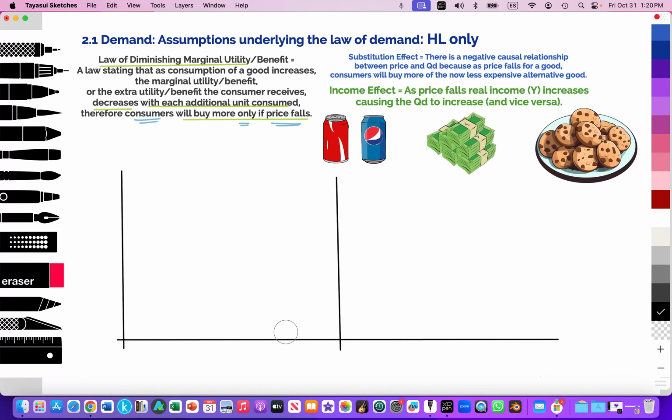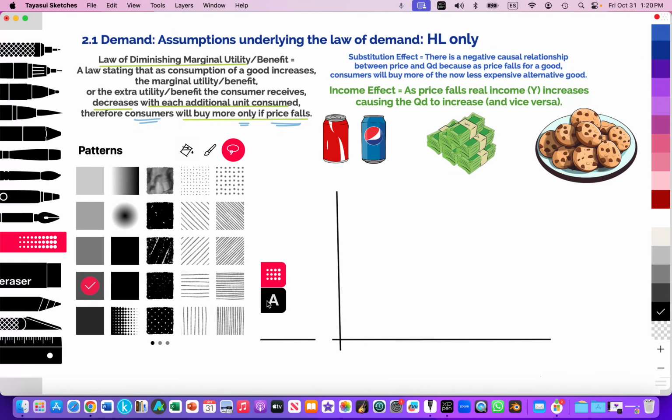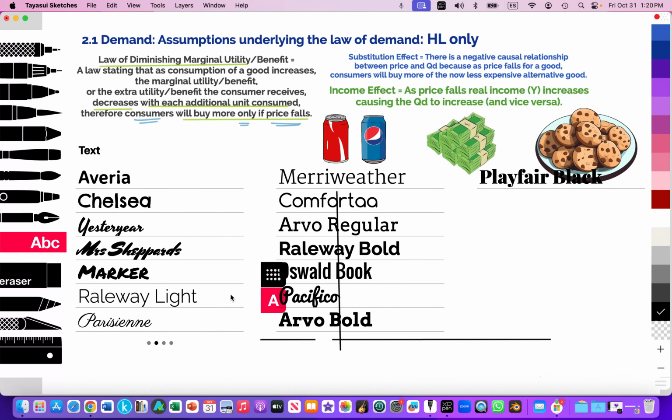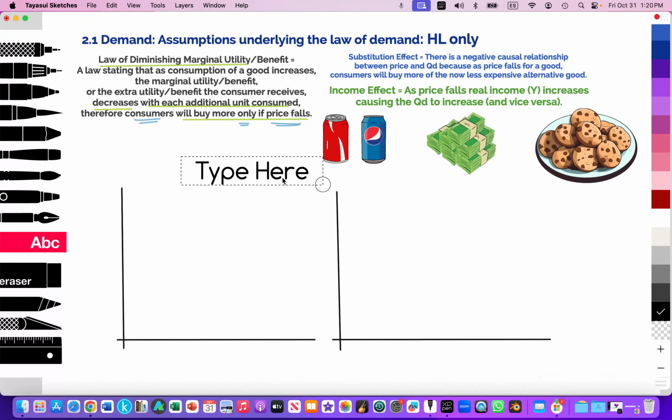Okay, so let's create two graphs. Here, let's label them. I'll use some clear labeling. Let's type this as graph A being the market demand for Coke.